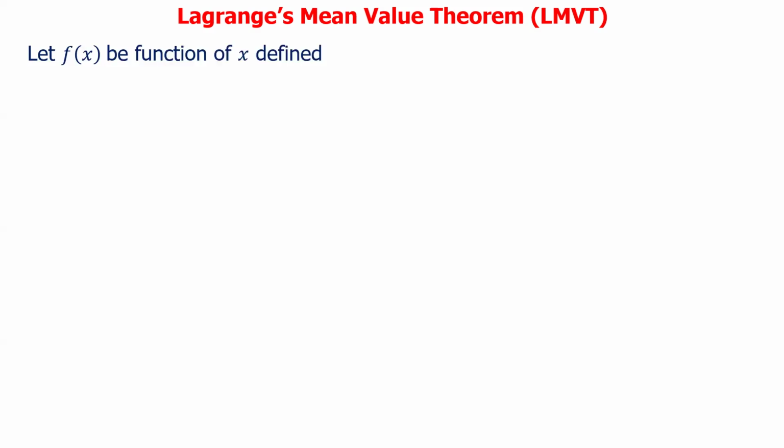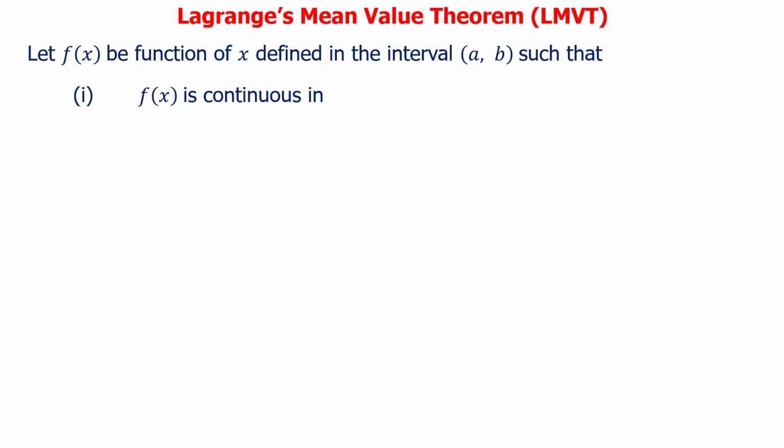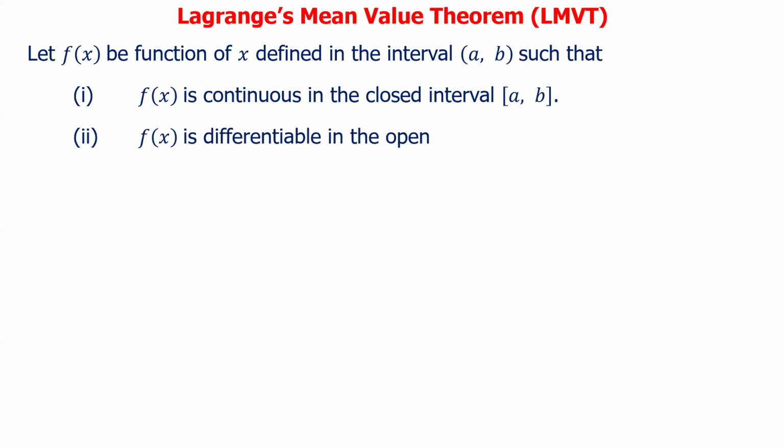Let f(x) be a function of x defined in the interval [a, b] such that, first, f(x) is continuous in the closed interval [a, b]. Second, f(x) is differentiable in the open interval (a, b).